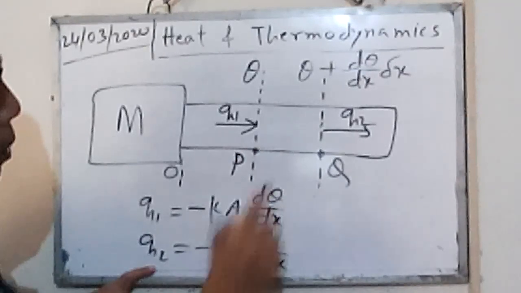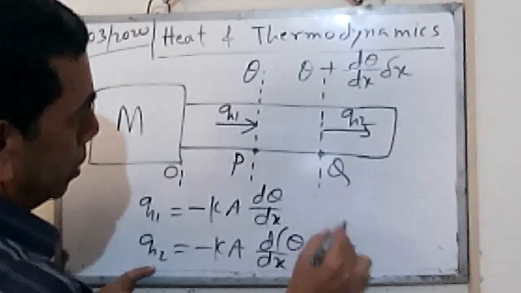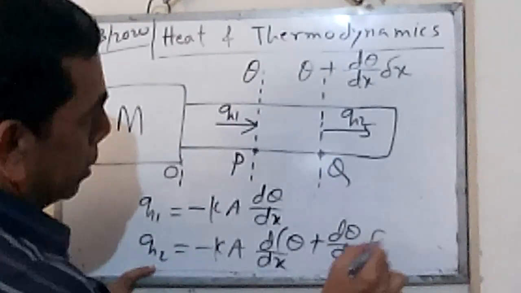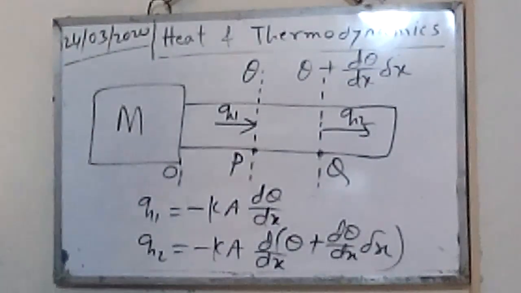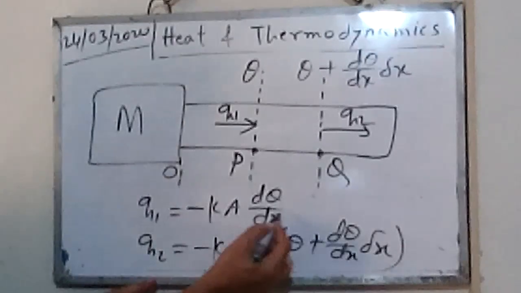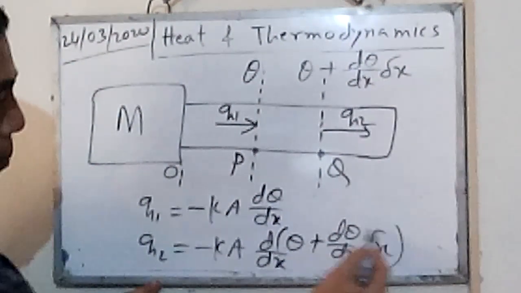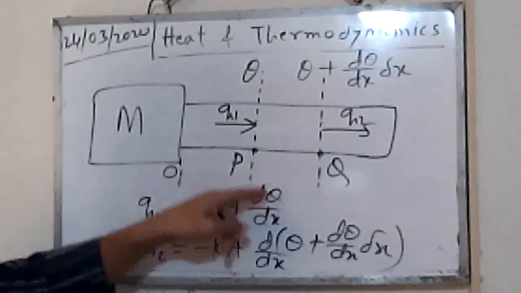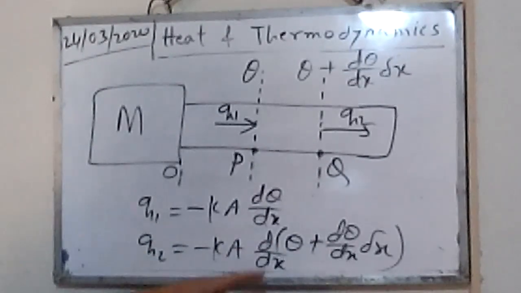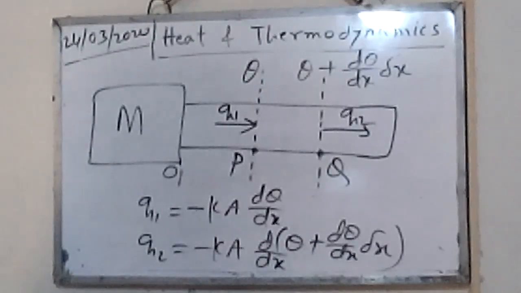At point Q, the temperature we found is theta plus d theta by dx del x. This d theta by dx is the temperature gradient, and theta is the temperature at point P, and this is the temperature at point Q.